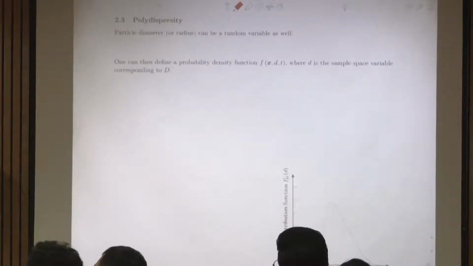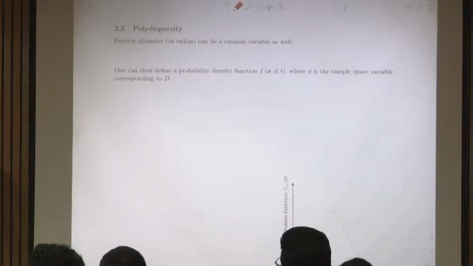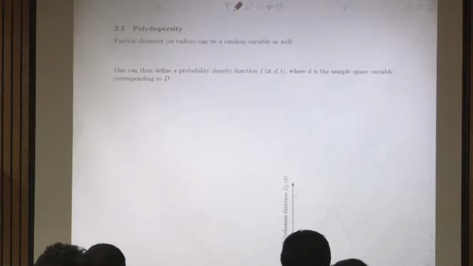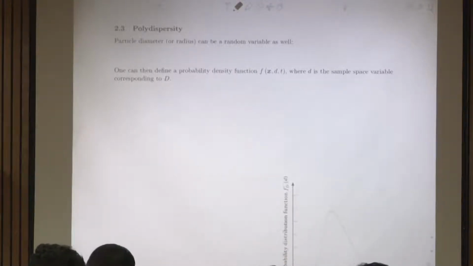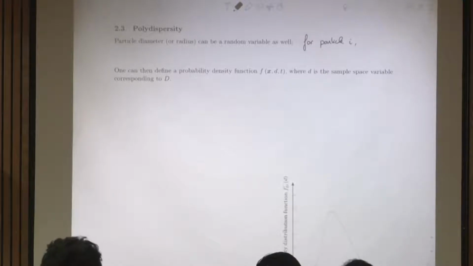The particle diameter might be unknown, or might be changing, or might come from a non-trivial distribution. So in a general sense, if you're thinking about this problem as a statistical problem, the position of the particle will be a random variable. Now we're saying that the diameter of the particle should also be a random variable. So if for particle i I have a diameter d_i, that might be a function of t, that will give me a set of random variables.